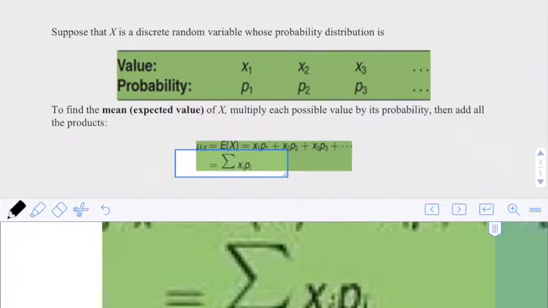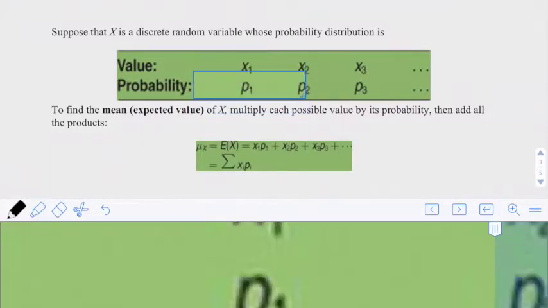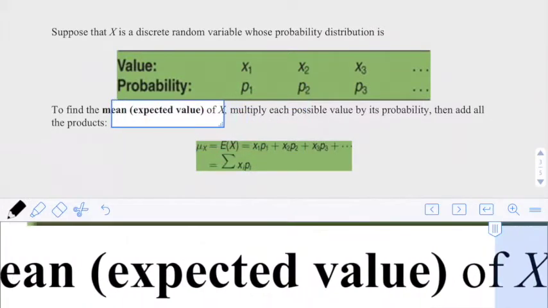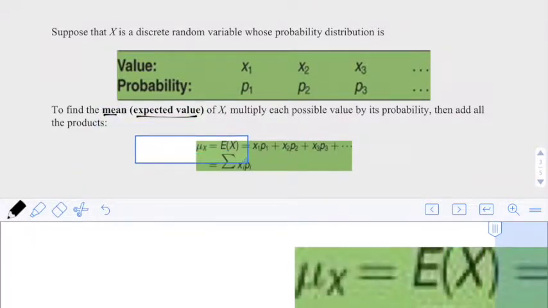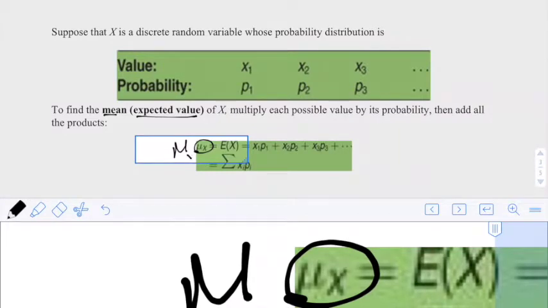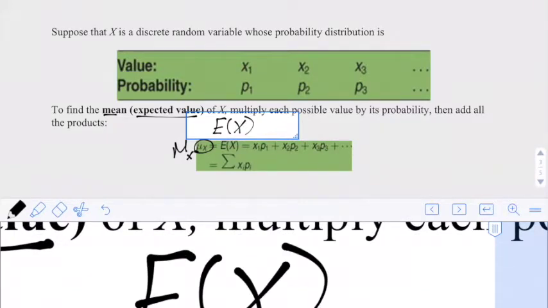So this is the sum of multiplying these values and probabilities together. This is called the mean, which we also call the expected value. So this is the mean, mu of x. It's a mu of the random variable x, or E of X, the mean or expected value of the random variable x.